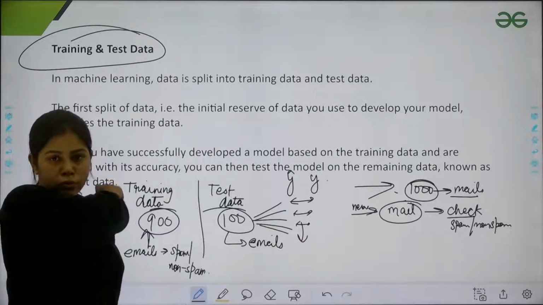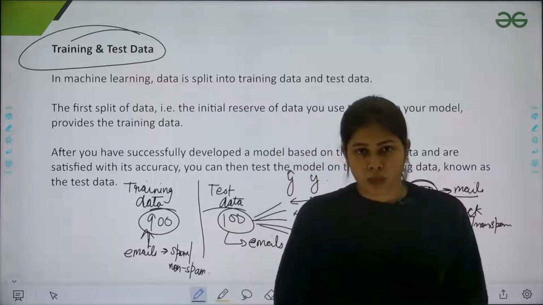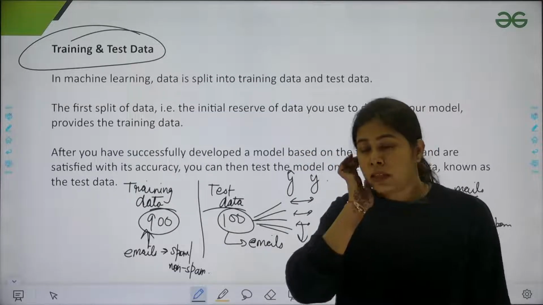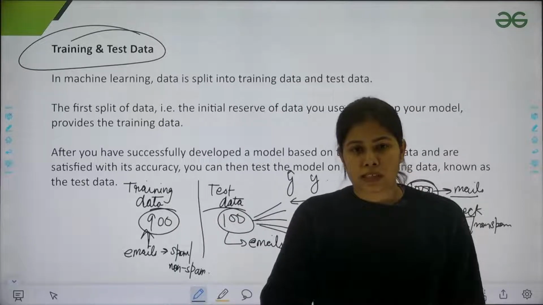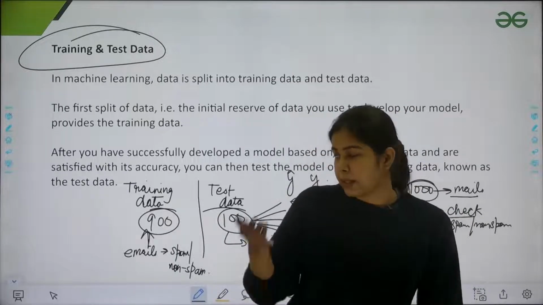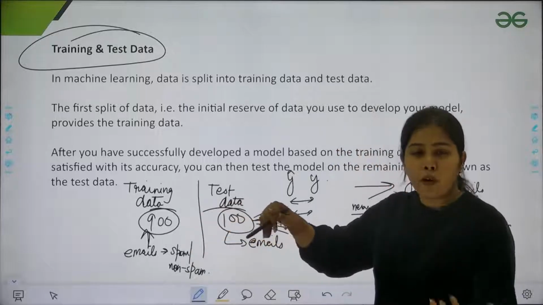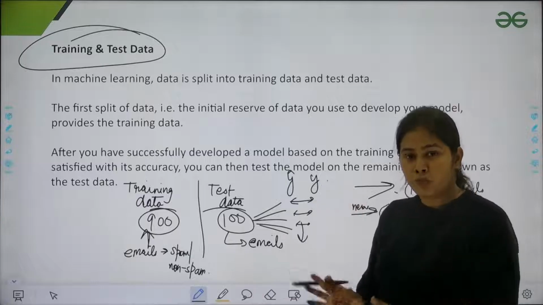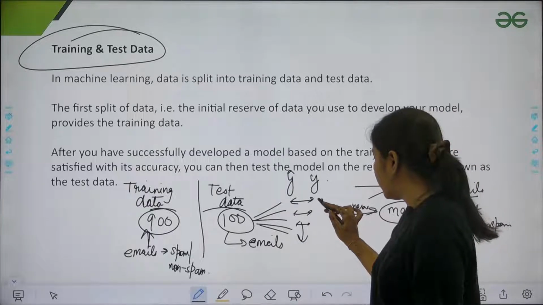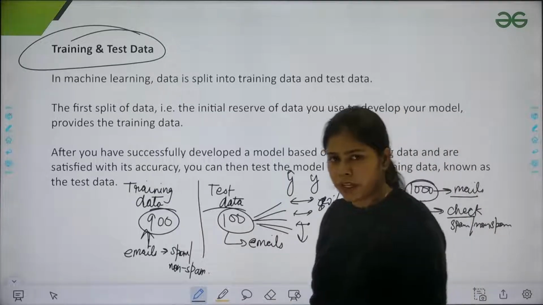I'll go back to my algorithm and make some changes, because I need my model to be accurate, so that I get right results. I'll work on my algorithm so that I can get accuracy around 80% or above, right?